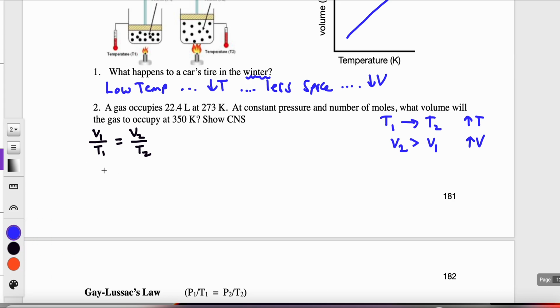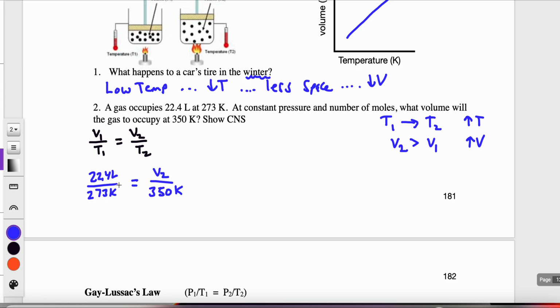So for V1, we put in the 22.4 liters divided by T1, because this is being held at 273 kelvins, equals, well, V2 is what we're trying to figure out. What will be the volume when the gas sample's temperature reaches 350 kelvins?